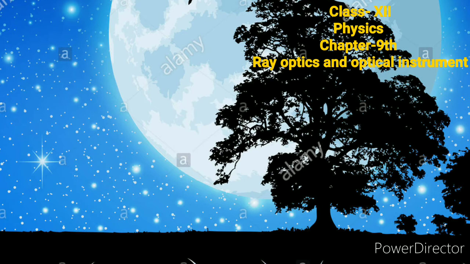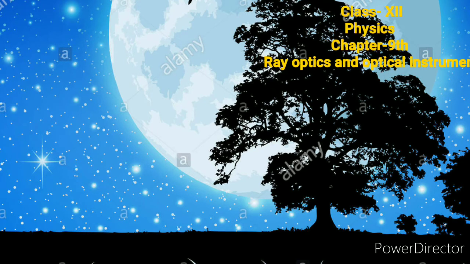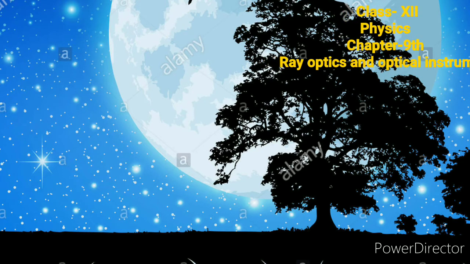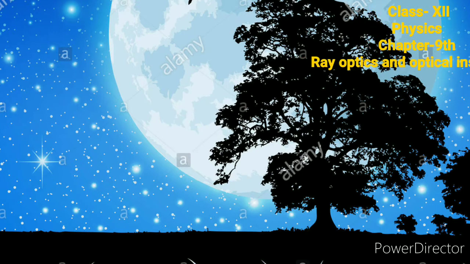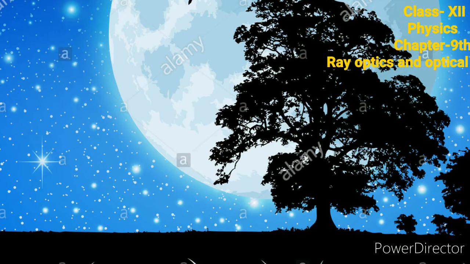In ray optics, the dimensions of objects such as mirrors, lenses, prisms and telescopes are much bigger than the wavelength of light. Note, bigger than the wavelength of light.